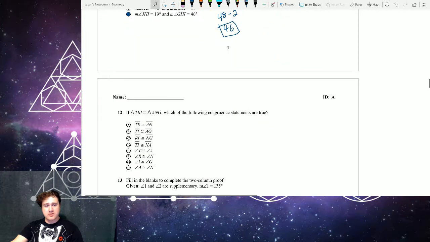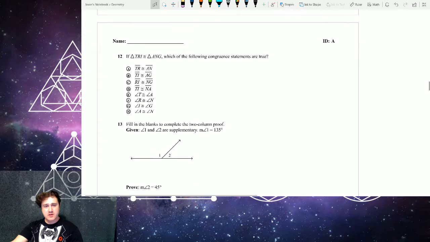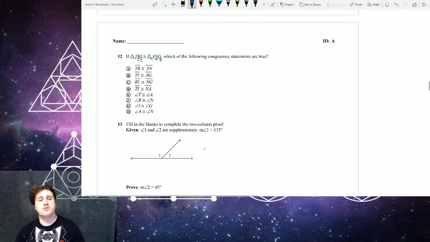Let's move on to number 12. Again, if you recall, if you're saying two things are congruent, first matches with first, second matches with second, third matches with third. So, we're trying to figure out which of these following are true. So TR and AN. TR is first and second, AN is first and second.